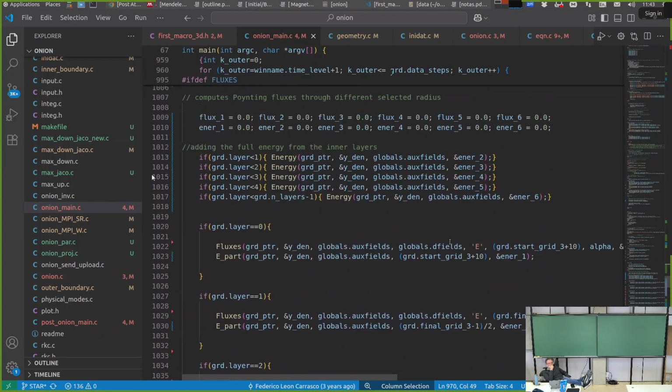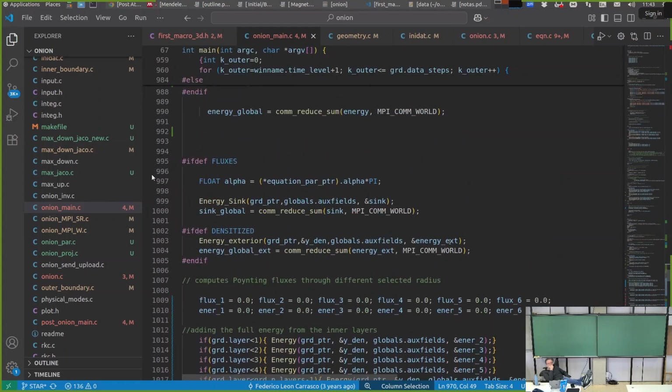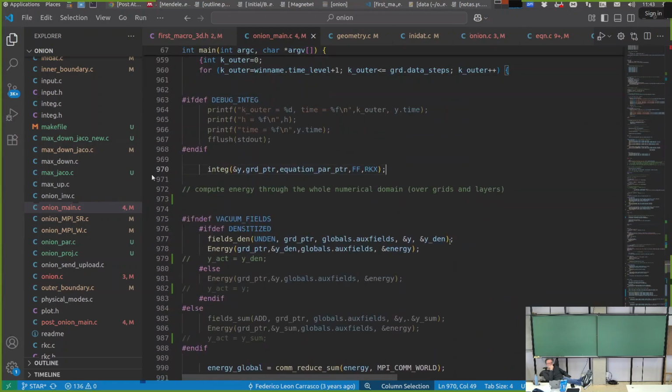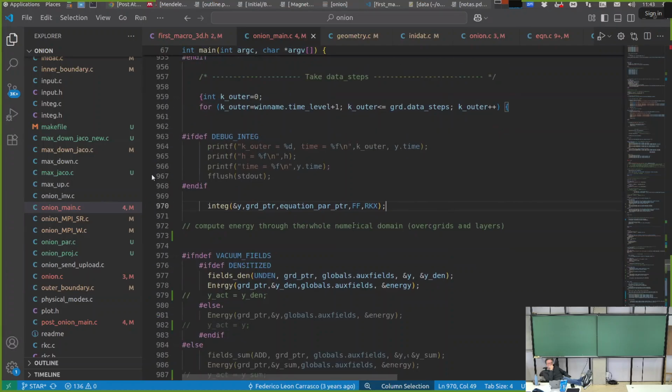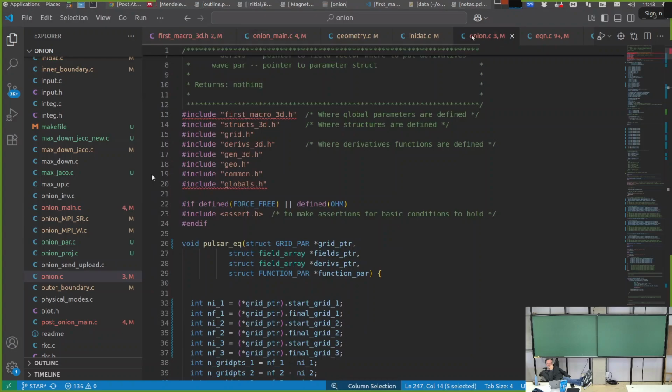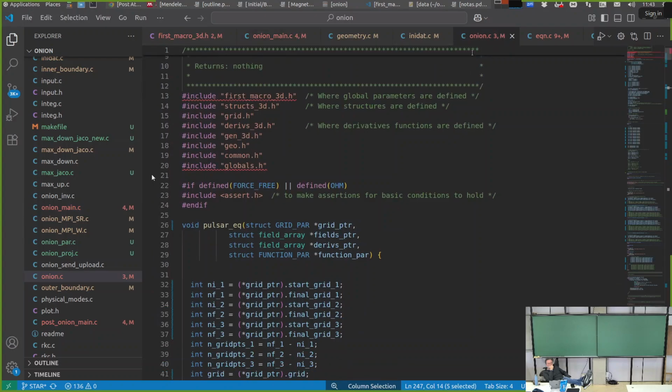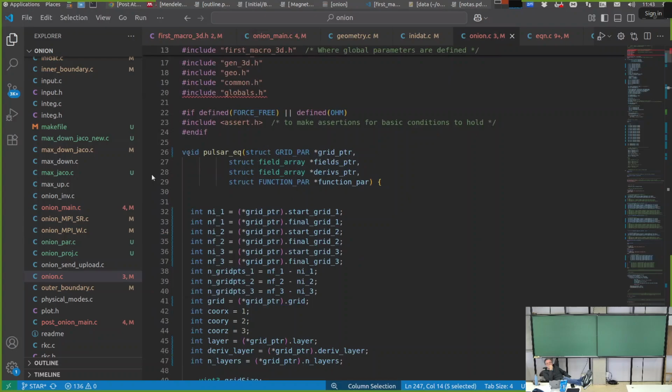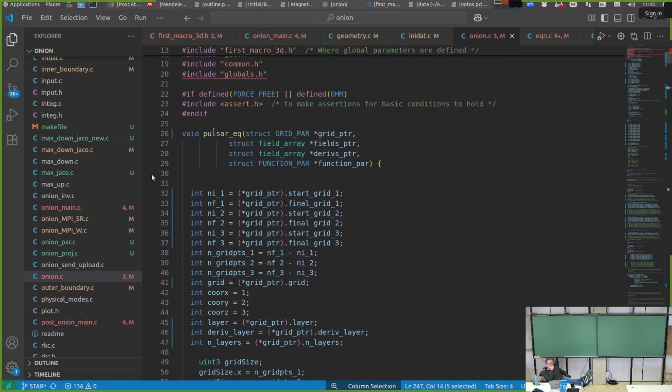So the central part is the integration function, that essentially is when computing the right-hand side in this file, onion.c. So this function essentially is the one computing the right-hand side for all of the points in the domain.